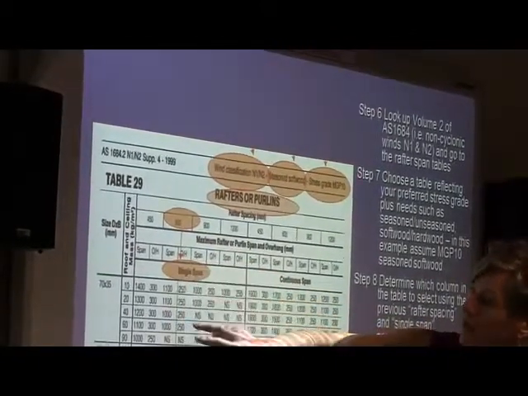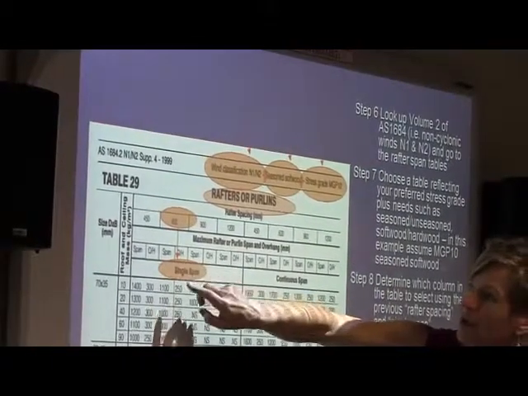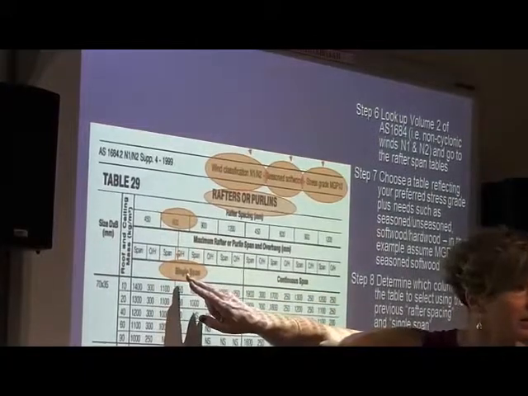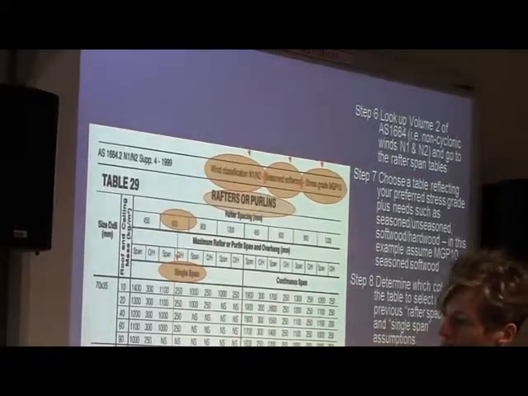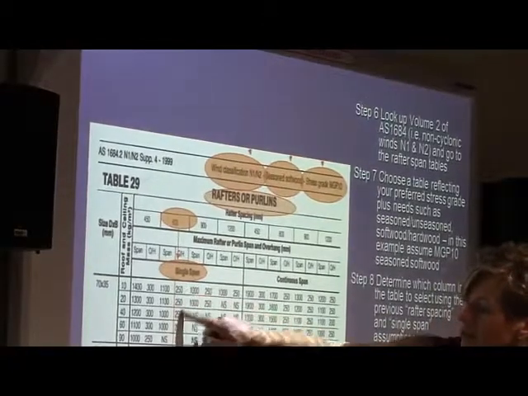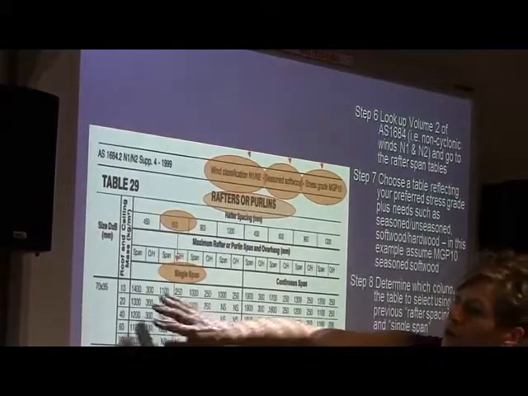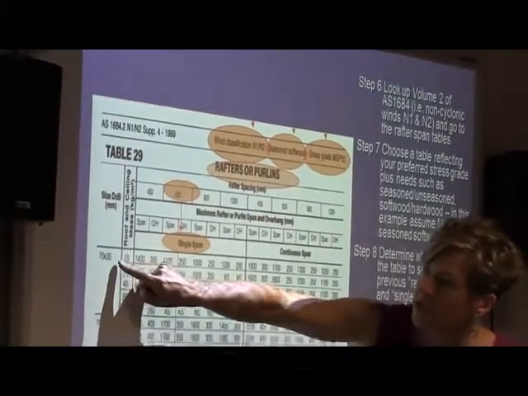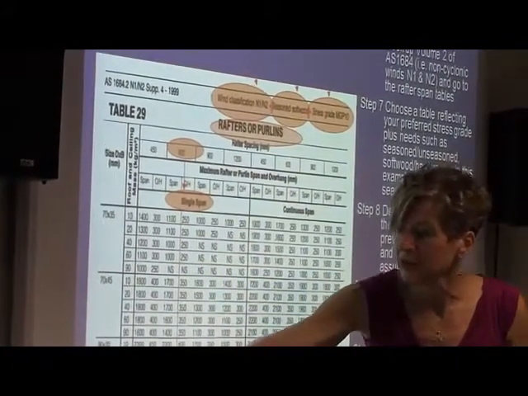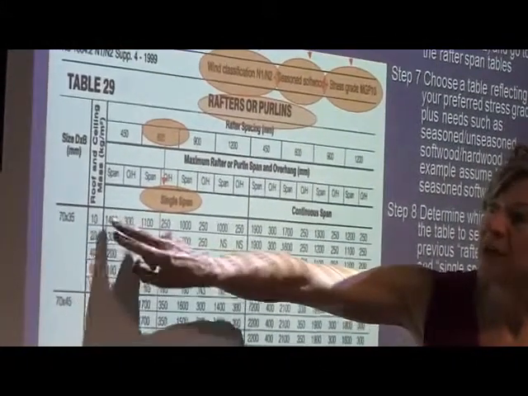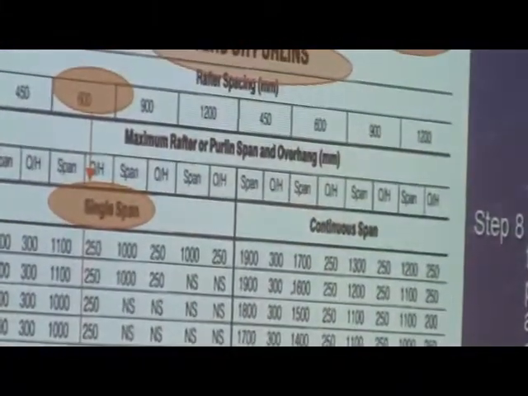Now, if we go down this column, can you look here, we've got span and we've got overhang under the 600 spacing, all right? So down this column, we've got spans, and down this column, we've got overhang. Now, you need to look at the size of your timber, which is listed on the side here, 70 by 35, 70 by 45, etc. Because for each size, there's this roof and ceiling mass, kilograms per square metre.